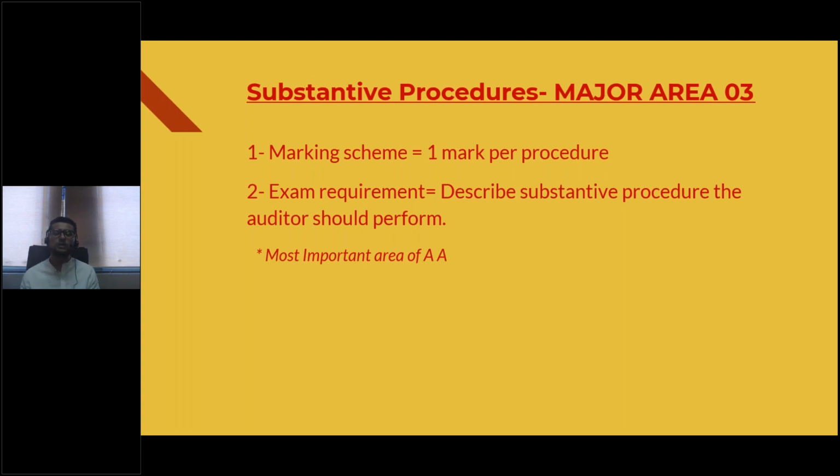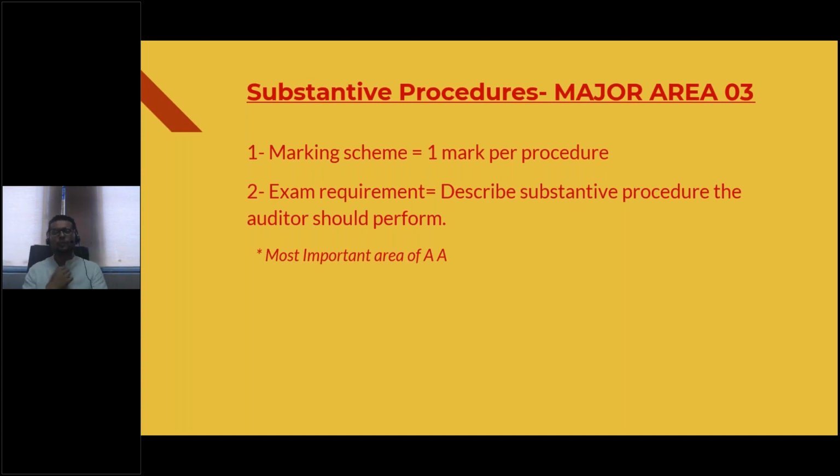Test of controls means you are trying to test the control system of the organization, the control system designed and implemented by the management. So when it comes to test of controls, we are trying to evaluate the operating effectiveness of the internal control systems designed by the management. Now that's type number 1. Let's ignore that for a moment.